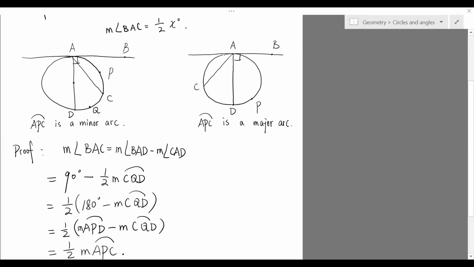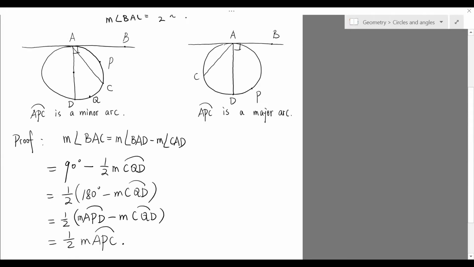Now, to finish up the proof, let's look at the second scenario in which the arc APC is a major arc. The idea is quite similar.